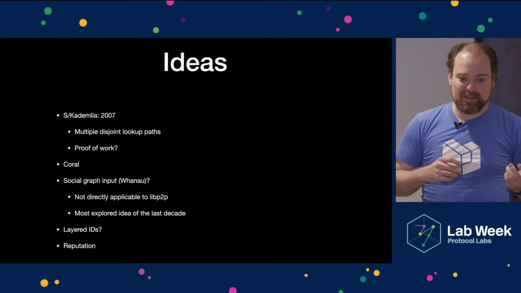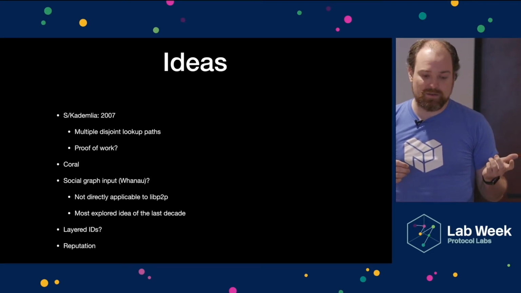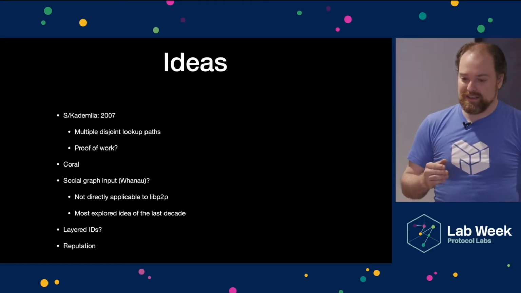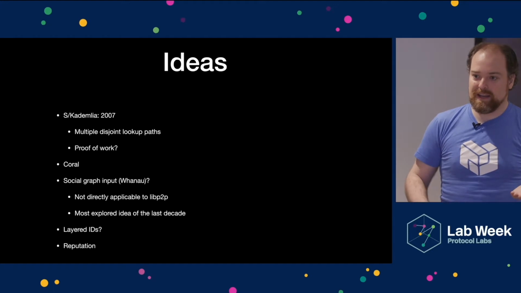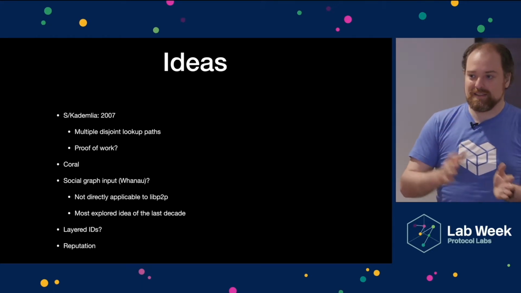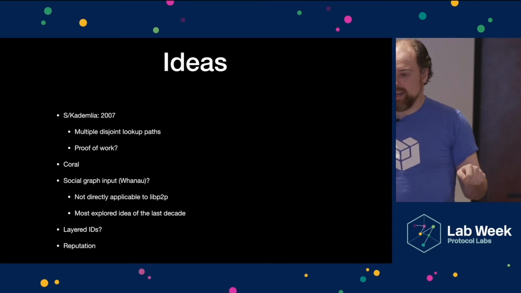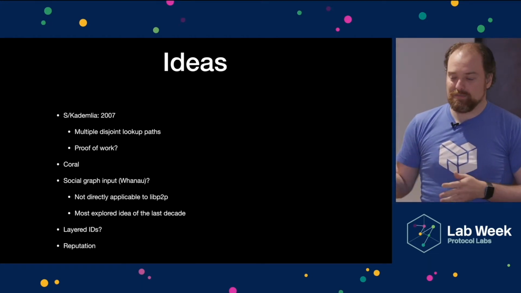The simple solution to at least make that somewhat better is you choose some finite number of different paths where you don't let any node be in more than one path, and you run these in parallel. That's called disjoint paths.